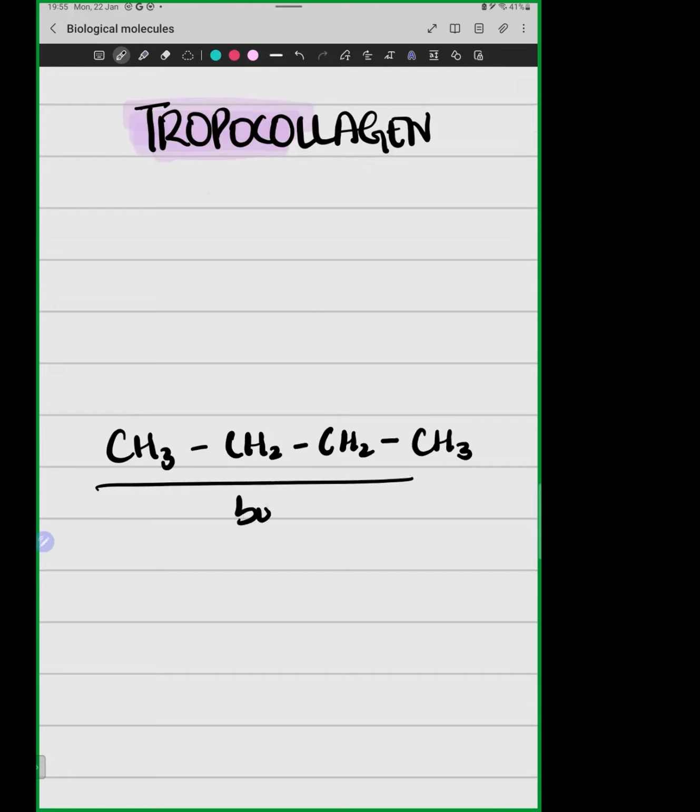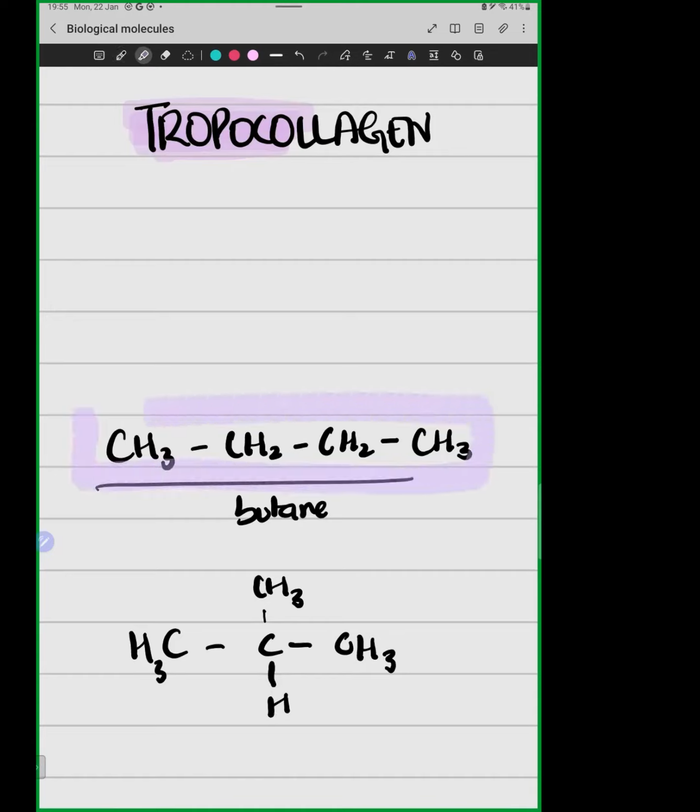This is your straight chain butane molecule, right. But अगर इसी ब्यूटेन मॉलिक्यूल की मैं ब्रांचिंग करवा दूं, किस तरह से? And I put a CH3 here. This is a CH3, this is a CH3, and this is an H. Okay. Now, if you could notice, इसकी जो बाउंड्री है वो इस तरह की है, और इसकी जो बाउंड्री है वो ये है.